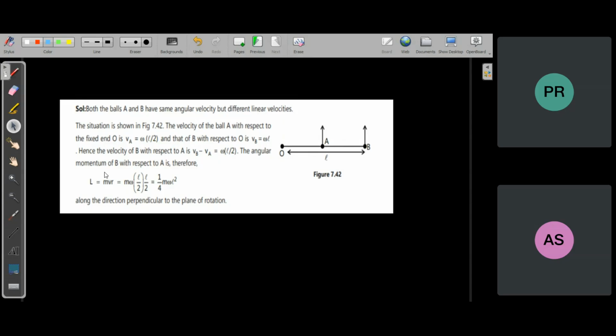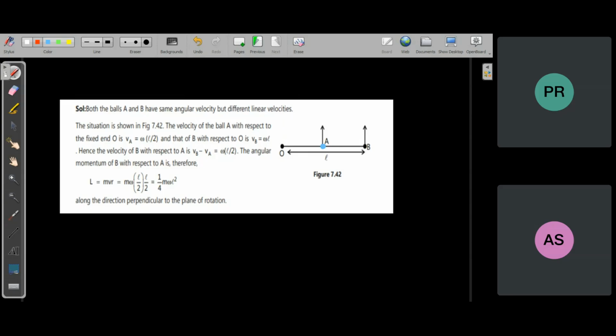Both the balls A and B have the same angular velocity. You have to find the angular momentum of B with respect to A. Here also the answer is 3 by 4 only.